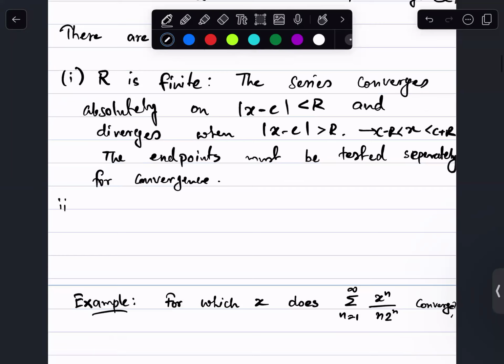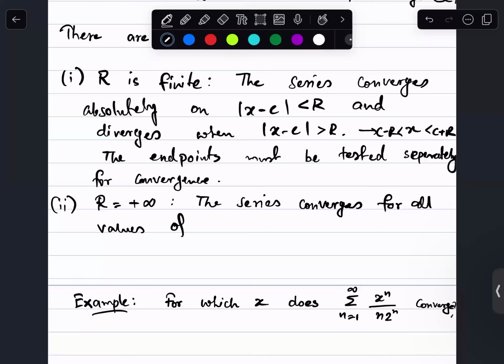Okay, the second scenario might be when r is plus infinity. Then the series converges for all values of x. And the third scenario is when r is 0.